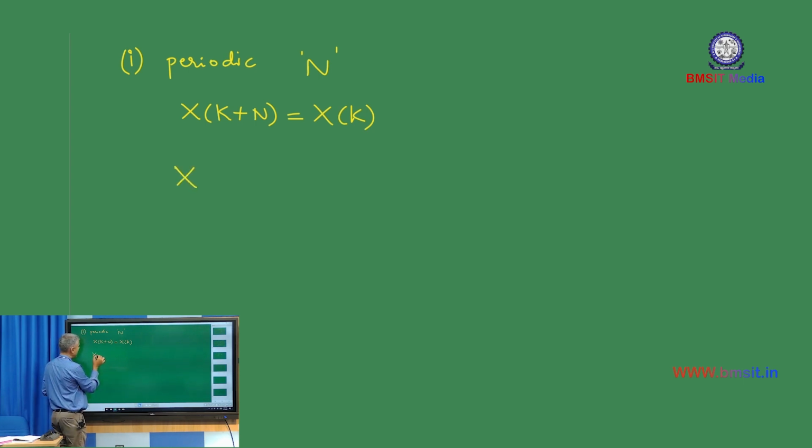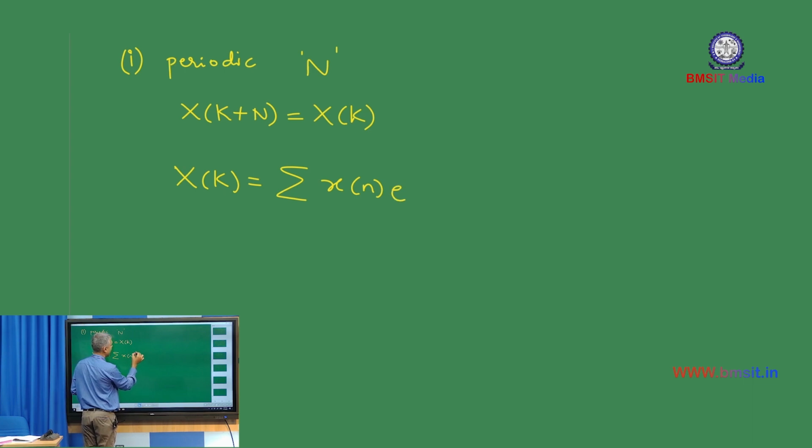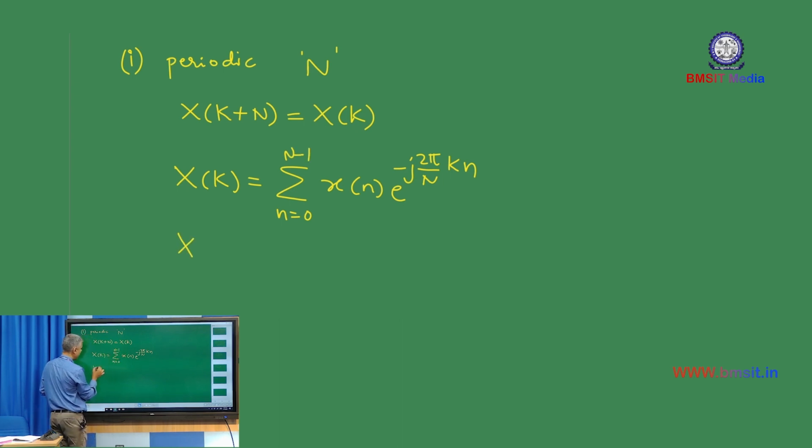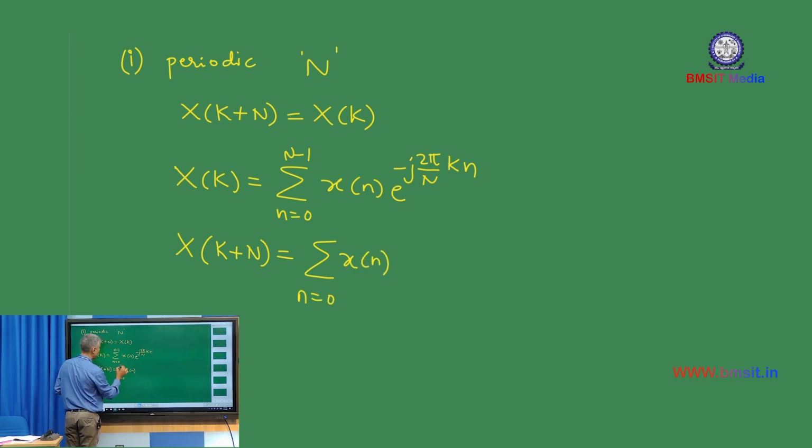So, we know that X of k is the summation of x of n e raised to minus j 2 pi by N k n, n equal to 0 to N minus 1. Now, if I were to replace k by k plus N, then what would happen? There is no change in x of n, and the index of summation n equal to 0 to N minus 1 also does not change.